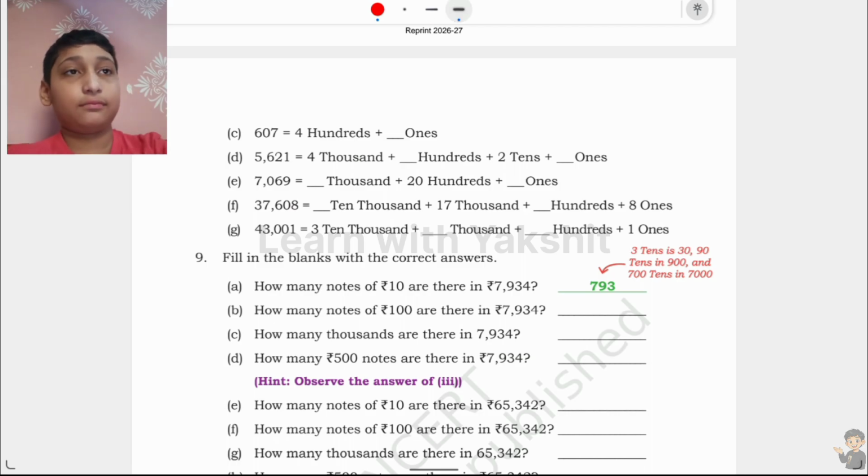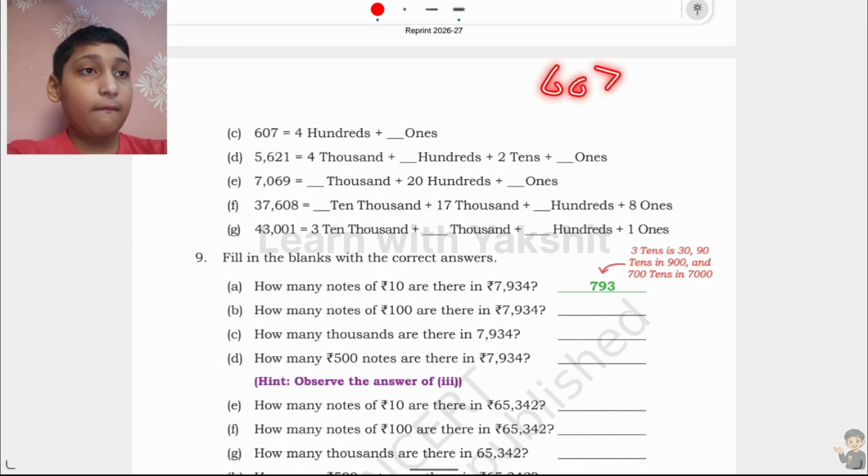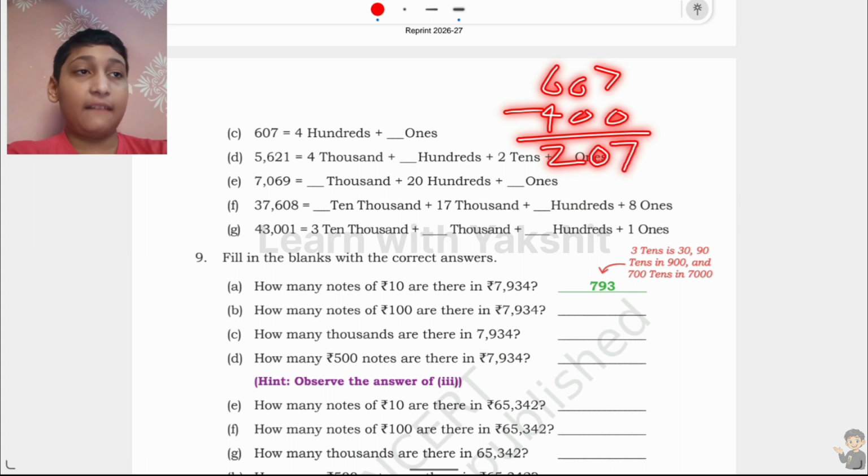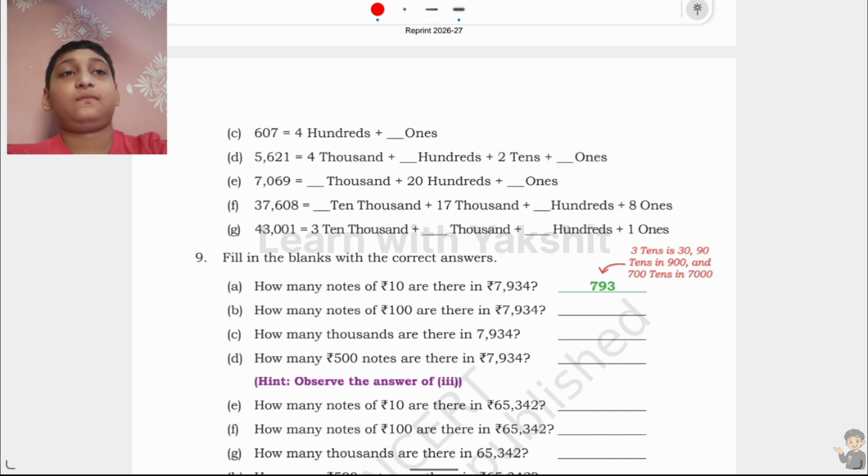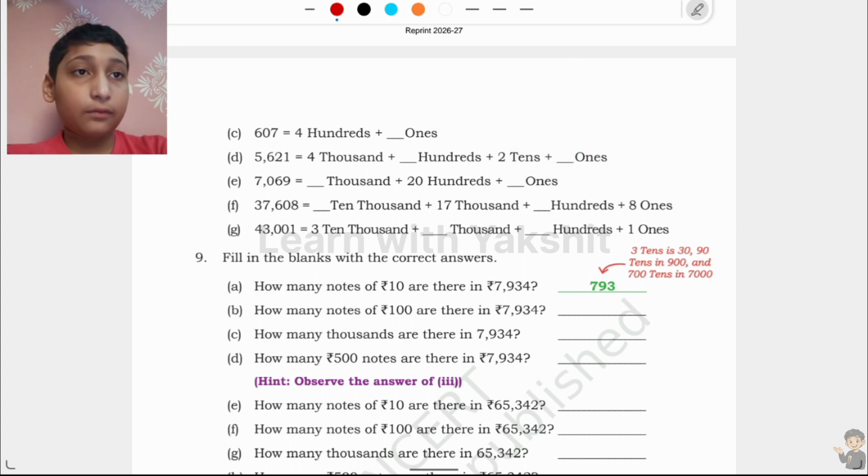Minus. Firstly, that's the number, and then we'll minus it by 400. That equals 207. Meaning we have to write 207 in the ones place.